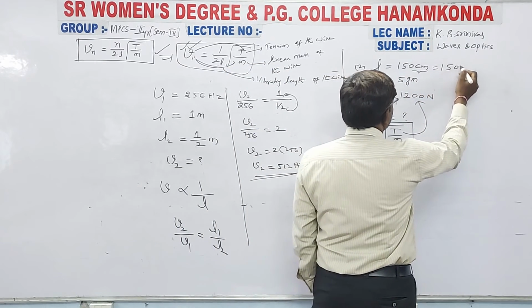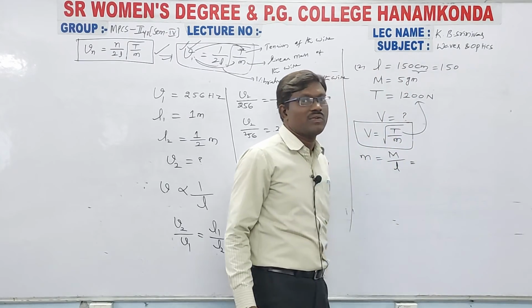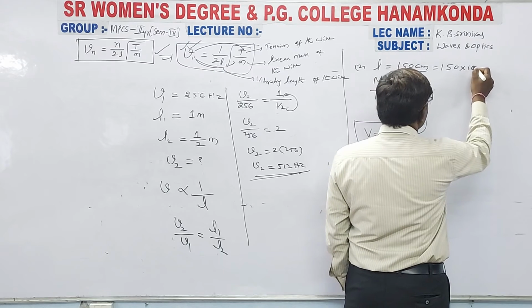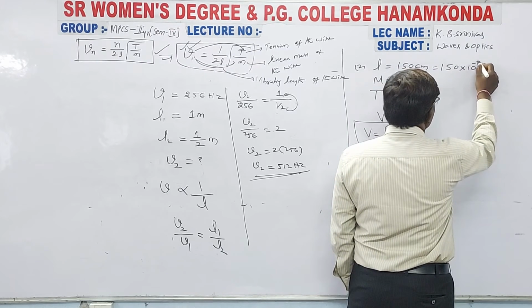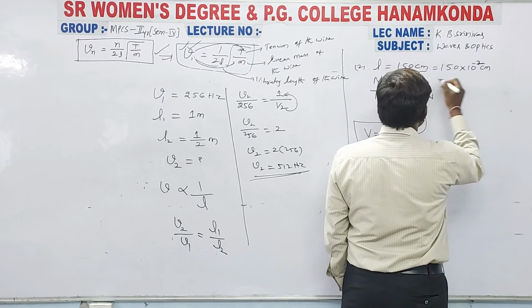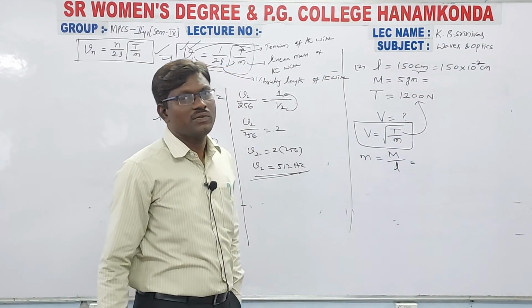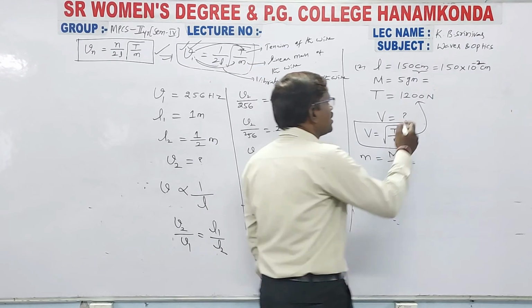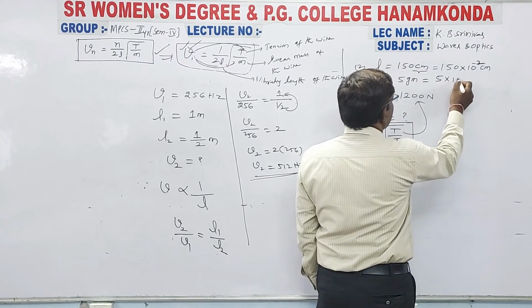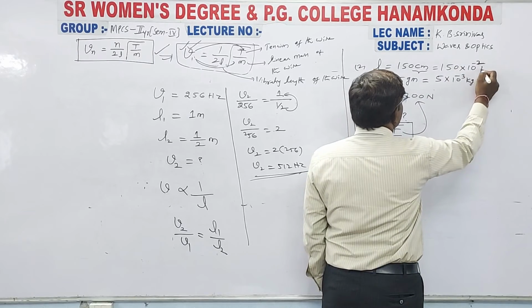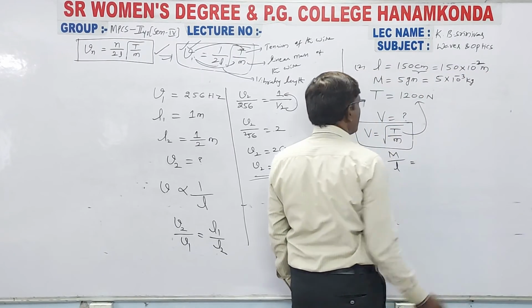So, 1 centimeter is equal to 1 by 100 meter, or 10 to the power of minus 2 meter. Coming to grams, 1 gram is equal to 1 by 1000 kilograms, or 10 to the power of minus 3 kilograms. So, finally, I have converted centimeter into meter and gram into kilogram.